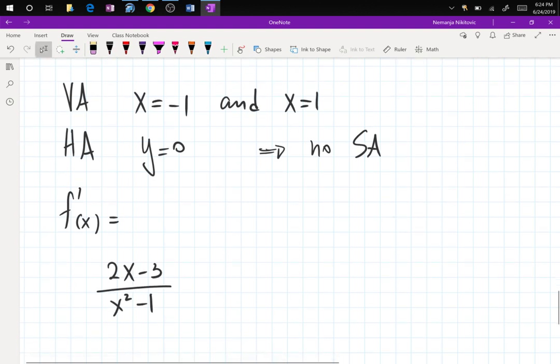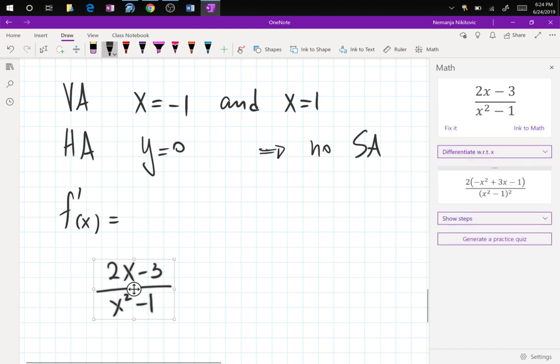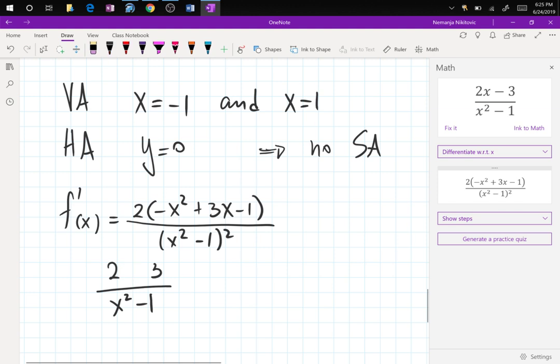I'm going to use my math button. So 2x minus 3, differentiate. It's a little bit faster than the quotient rule. So 2 negative x squared plus 3x minus 1 divided by x squared minus 1, everything squared.